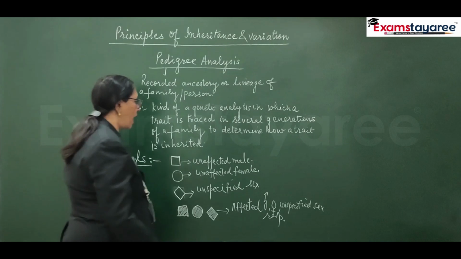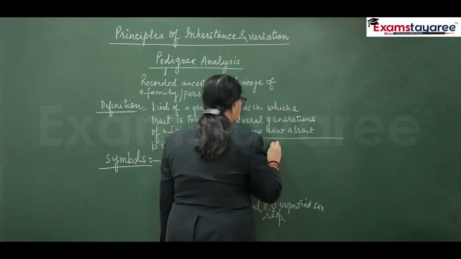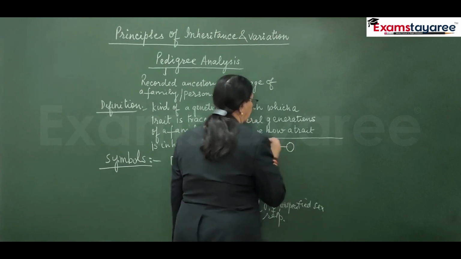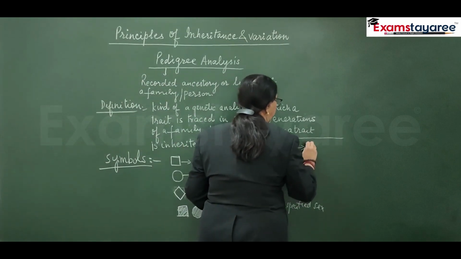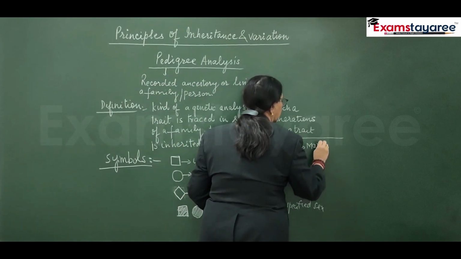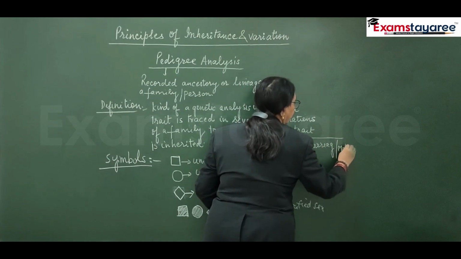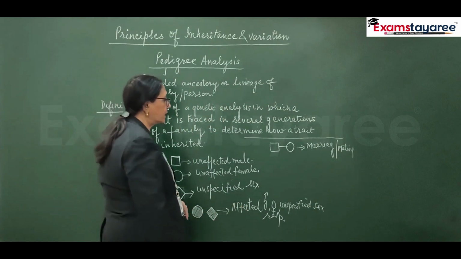Now, a horizontal line between the male and a female shows marriage or mating between parents.